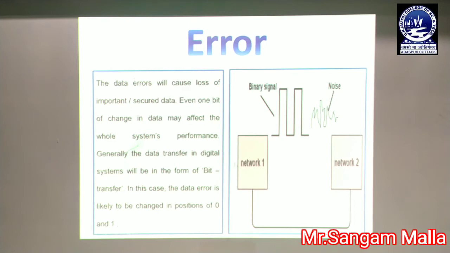So this is all about the error, and this is the image of an error. This is the sender side, this is the receiver side, this is the inputted data, and this is the external noise which gets attached to the inputted data. The data is sent and received at the receiver side, but whatever the receiver has received is not the original data, because the noise has already been attached to it. So this is termed the error.